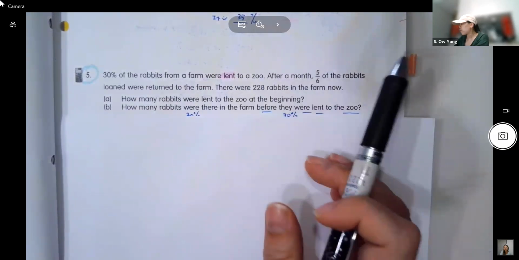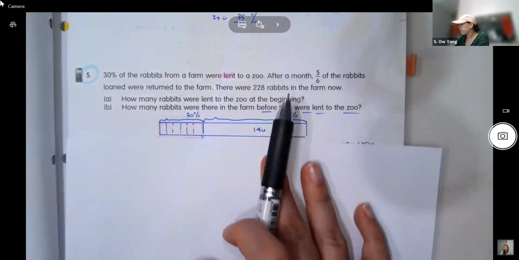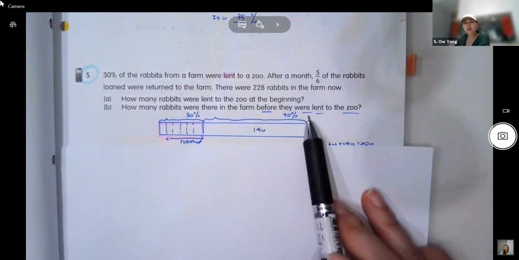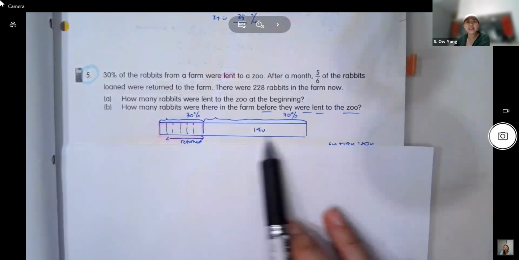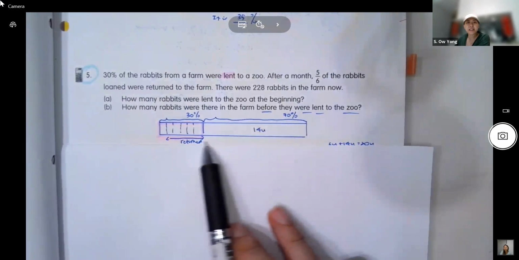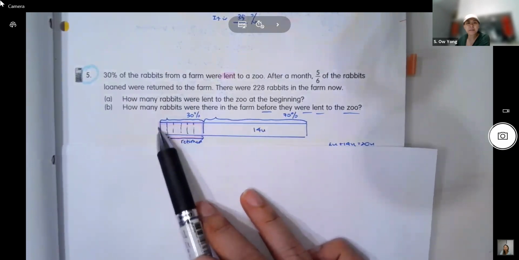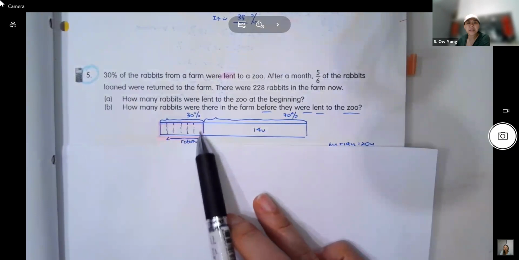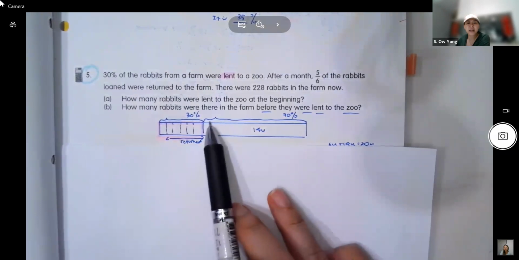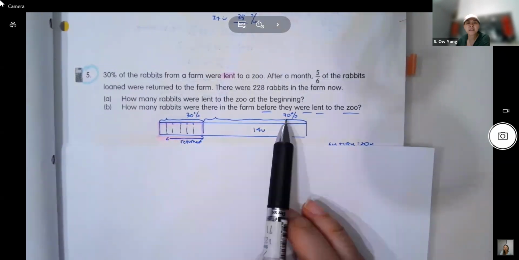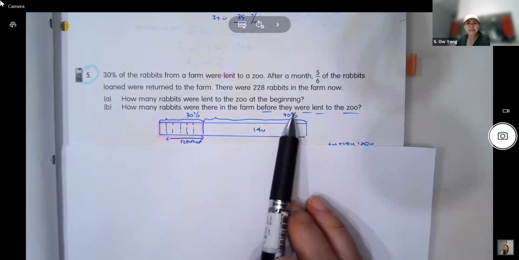We are going to draw a long bar to represent all the rabbits in the farm. Then I'm going to mark out the 30% that were lent, and the rest of the 70% remains in the farm.